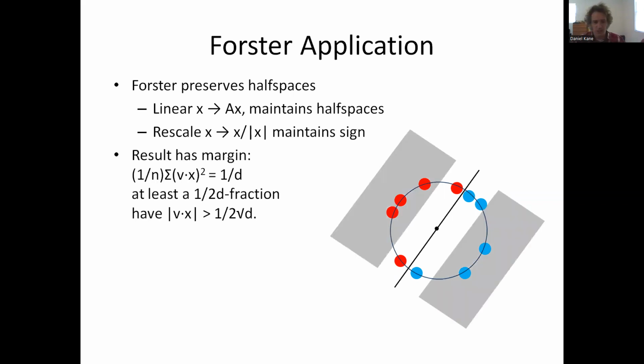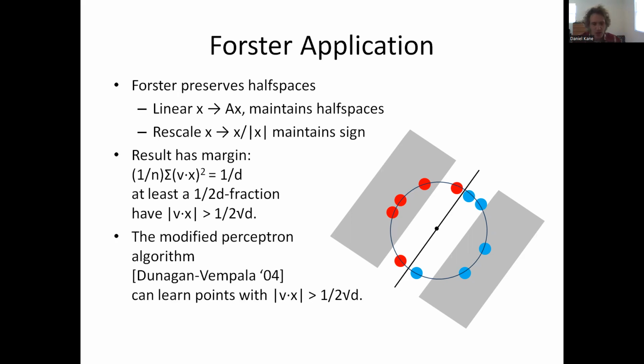After you've done this, the nice thing to note is that once you have a Forster transform, the resulting space has a margin. Because we know that the average value of v dot x squared is 1 over d. That means that maybe not every point has v dot x large, but at least a 1 over 2d fraction of these points have v dot x more than 1 over 2 root d.